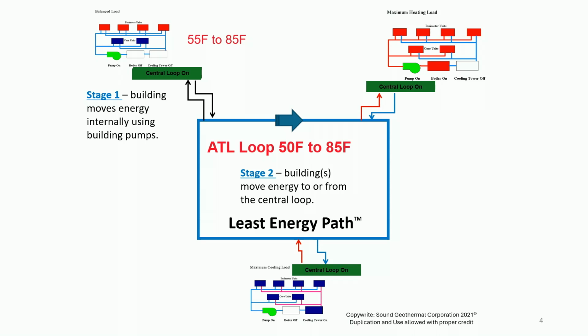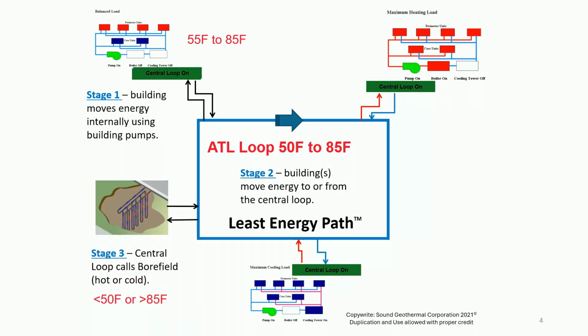Finally, if the central loop and the buildings on it can satisfy the load, that's diversity, then we will go to green systems like loop fields and PV and so forth, when the temperature is under 50 or over 85.